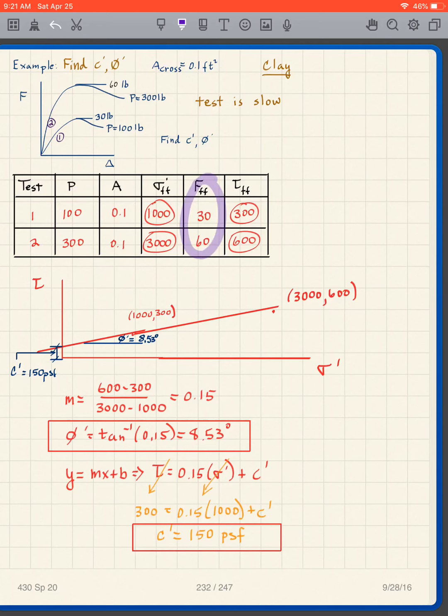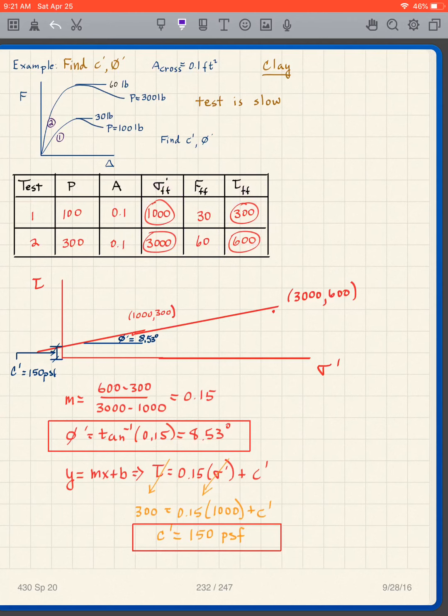My F FF is given to be 30 and 60. And F over A is 300. F over A is 600. So I now have my sigma prime FFs and I have my tau FFs.